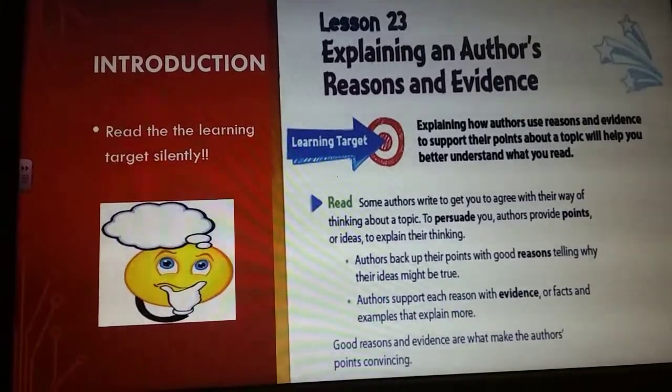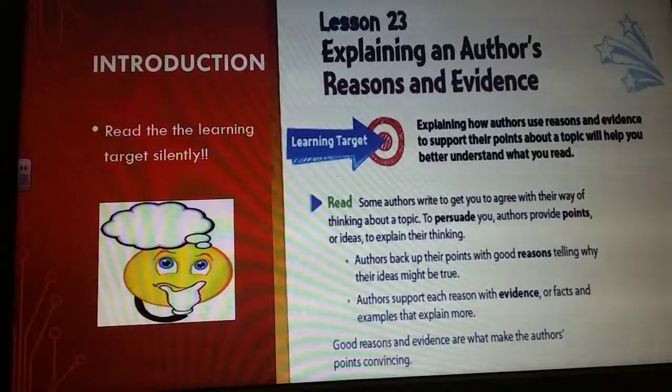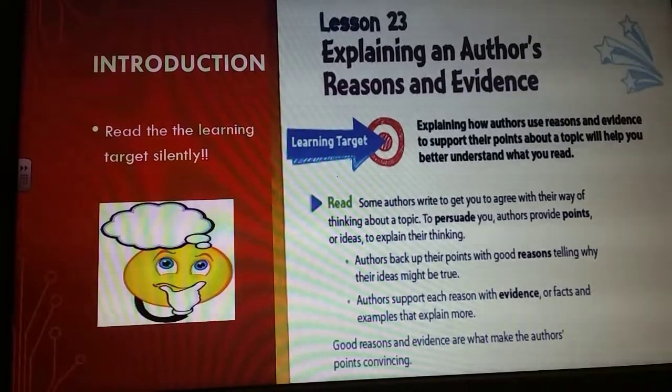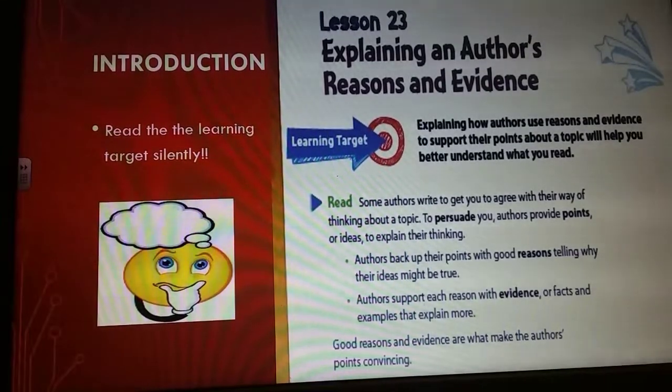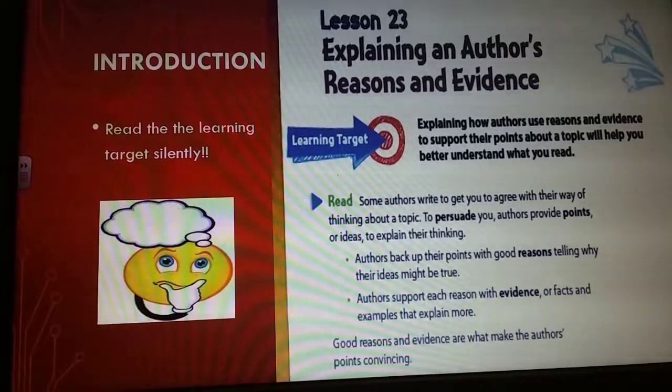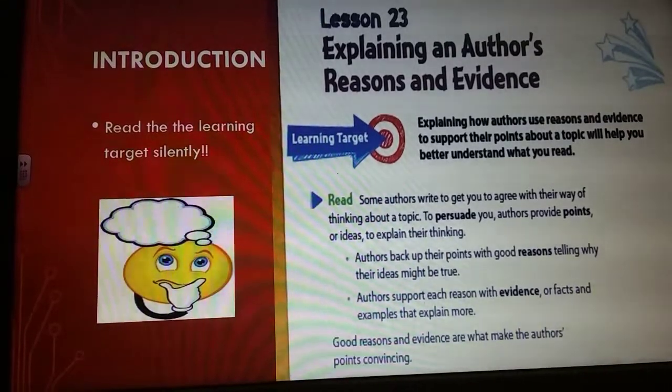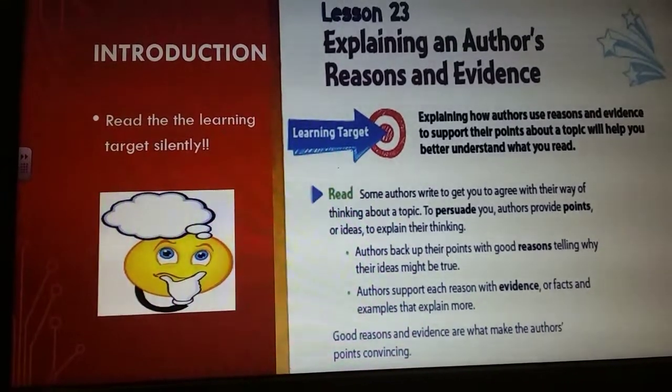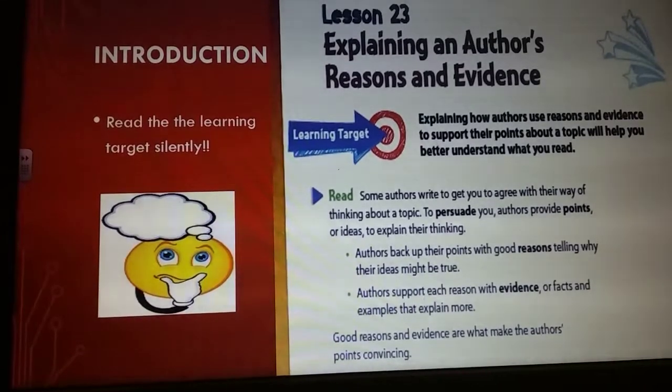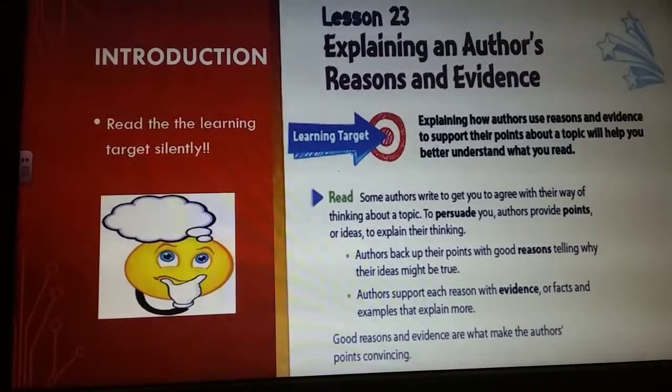Then, aside from them coming up with reasons why, they also provided support in the form of evidence, which are things that can actually be proven, because that just strengthens your point or your argument. It's the same exact thing you guys have to do when you write your papers.